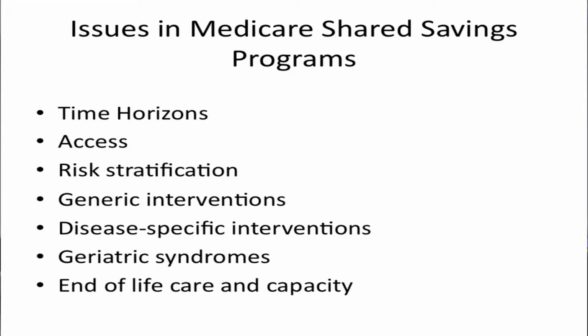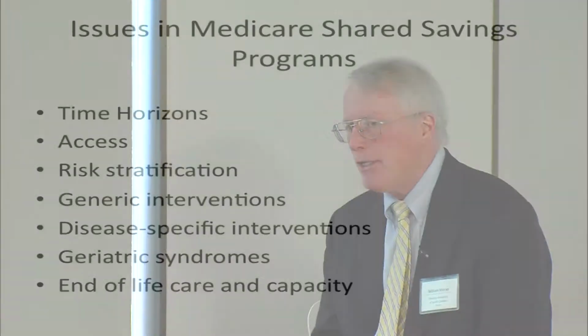So some of the things I thought I'd talk about, one is time horizons. When we start a 45-year-old person on a statin or something else like that, we're looking at a time horizon of, say, 30 or 40 years. If we start a 90-year-old on a statin, the time horizon's about 4.5 years. And are we going to have an impact in the next 4.5 years of using a statin?